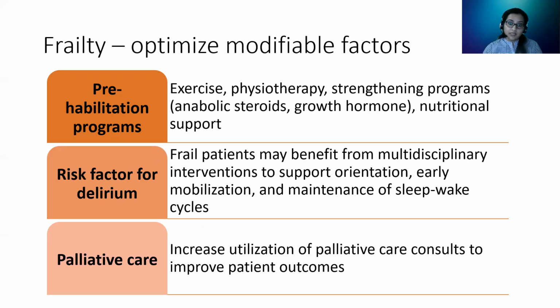Frail patients at risk of delirium may benefit from multidisciplinary interventions to support orientation, early mobilization, and maintenance of sleep-wake cycles. Moreover, utilization of palliative care consults to improve frail patients' outcomes should be considered.